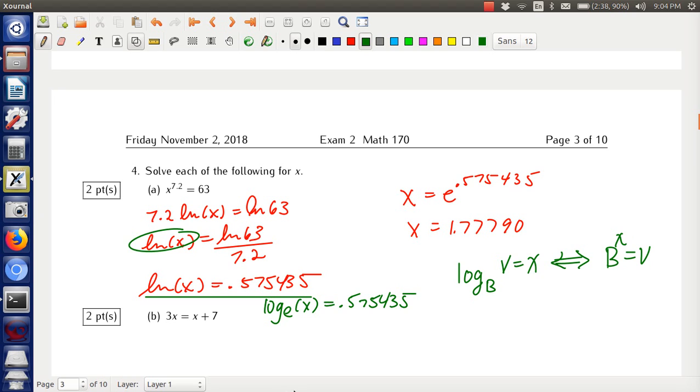And then you should say, aha, that means e, that's the base, here's the exponent, and here's the x. So you still went back to this formula. This formula is always what gets you out of your mess. It converts you back and forth, and then it gets you to where you need to be.